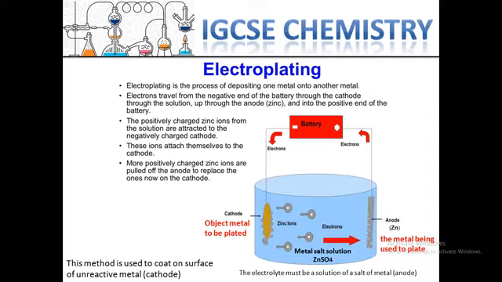Why do we use this electroplating method? This method is used to coat the surface of an unreactive metal. For example, if you want to cover a metal with gold, you want to cover it nicely.